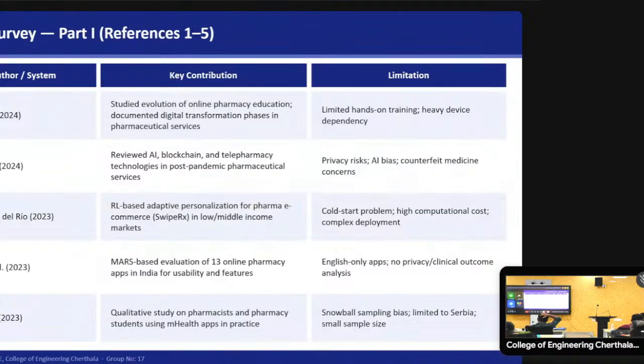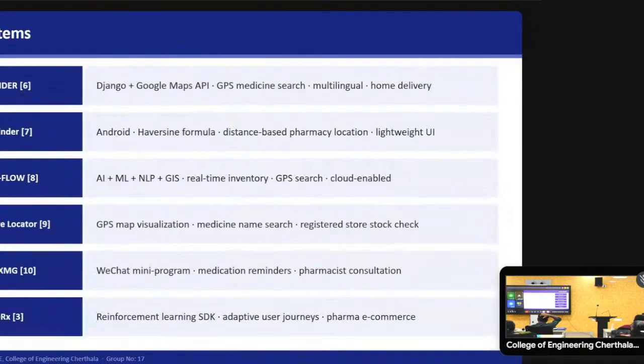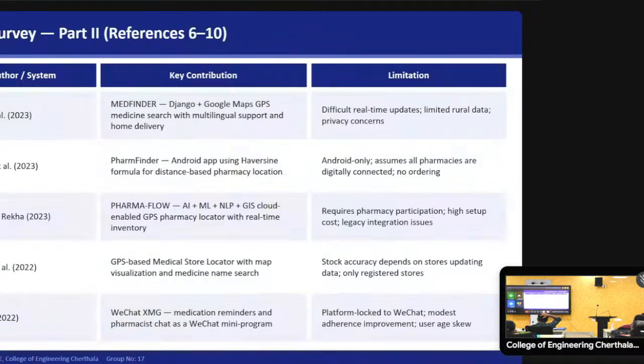Also, others created GPS-based pharmacy locators like MedFinder and FarmFinder. Although they had some limitations also: no real-time stock updates, platform dependency, privacy risk, high computational cost, limited rural accessibility.